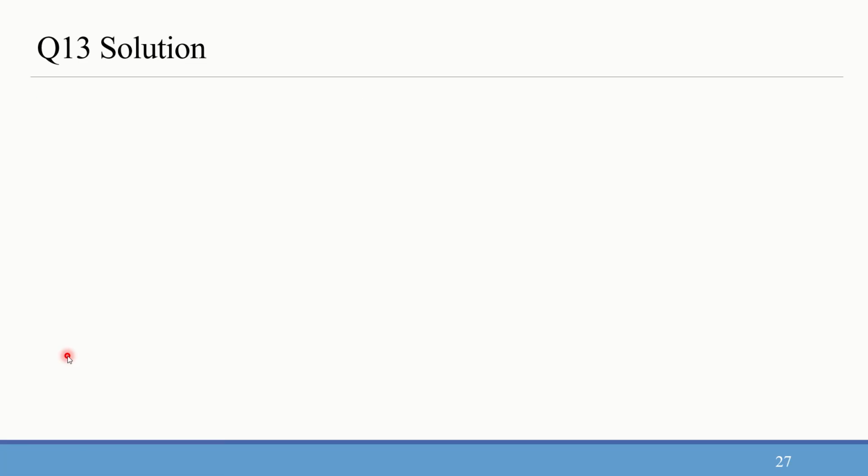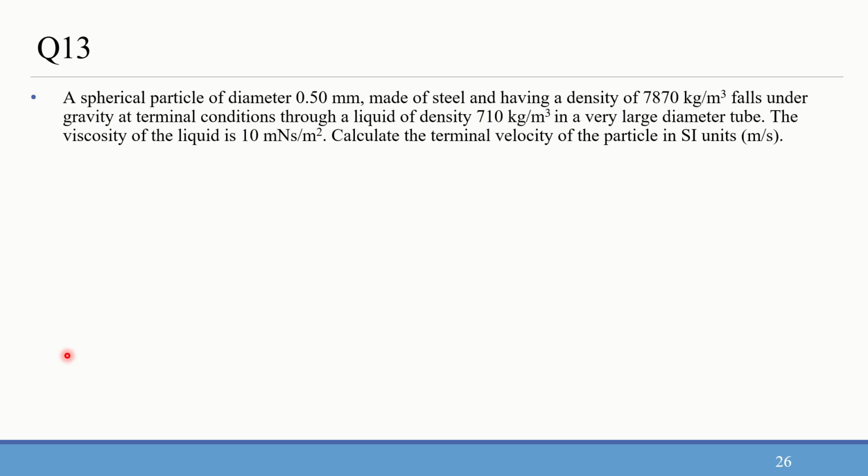So that is the thing. We just need to calculate the terminal velocity of the particle falling through the liquid. In the question also it is given that what we can do is we have two approaches.